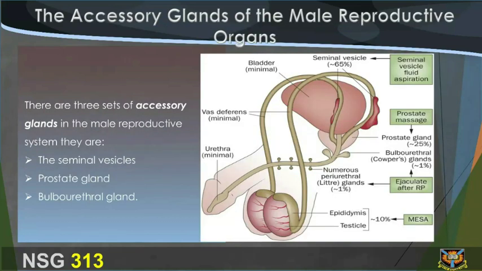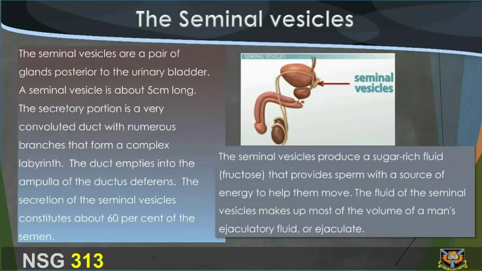Diagram: the accessory glands of the male reproductive organs. There are three sets of accessory glands in the male reproductive system. They are the seminal vesicle, prostate gland, and bulbourethral gland. Seminal vesicle. The seminal vesicles are a pair of glands posterior to the urinary bladder. A seminal vesicle is about 5 cm long. The secretory portion is a very convoluted duct with numerous branches that form a complex labyrinth.